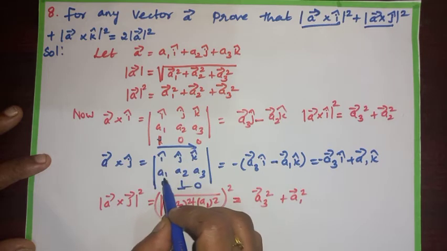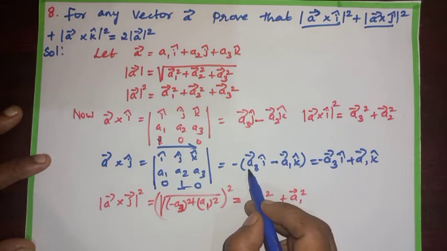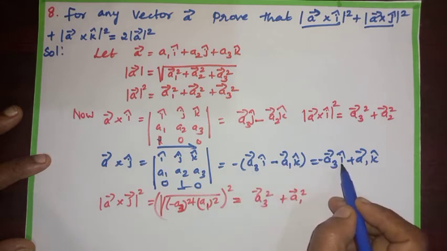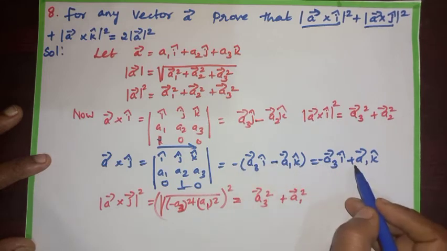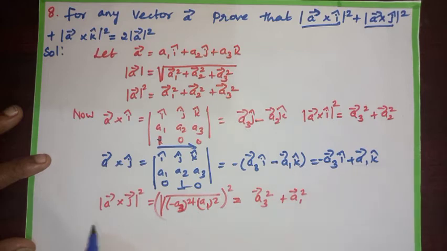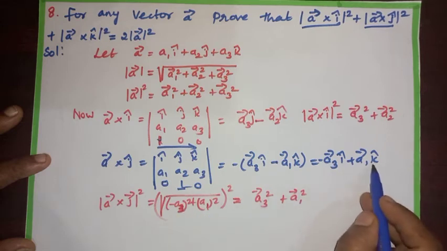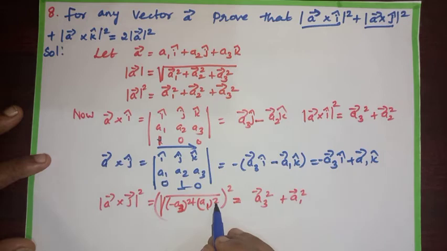We get A3 I minus A1 K. Multiply with the negative sign, then we have minus A3 vector I, and minus and minus will become plus A1 vector K. Now we are going to find magnitude of vector A cross J the whole square, which is equal to the square root of coefficient of I, minus A3 the whole square, coefficient of J is 0, coefficient of K is A1 the whole square. Root and the square will be cancelled. Then we have A3 square plus A1 square.